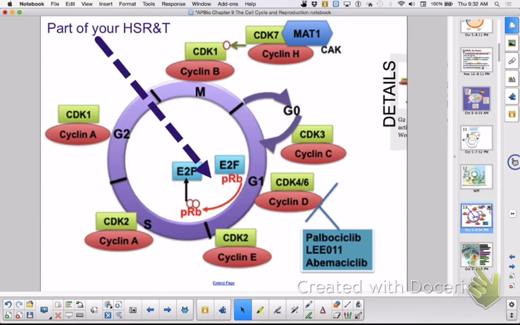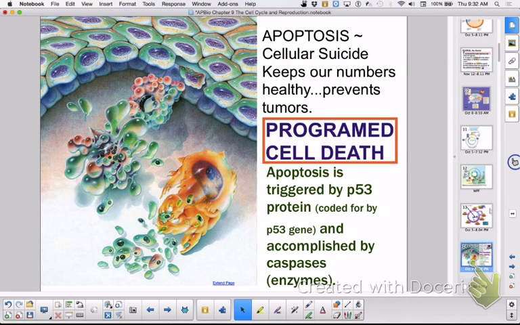And then last but not least is apoptosis, cellular suicide. It keeps your numbers healthy, prevents tumors, it is programmed cell death. A critical one, and you'll be reading about this as well, is the P53 protein, which is coded for by the P53 gene.